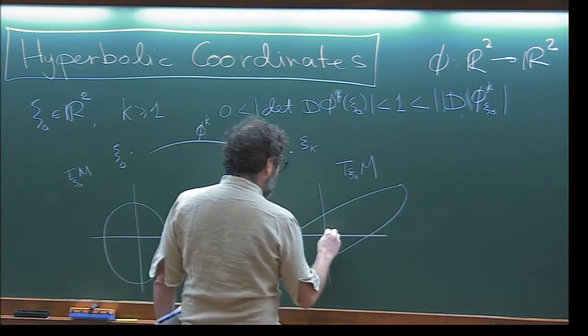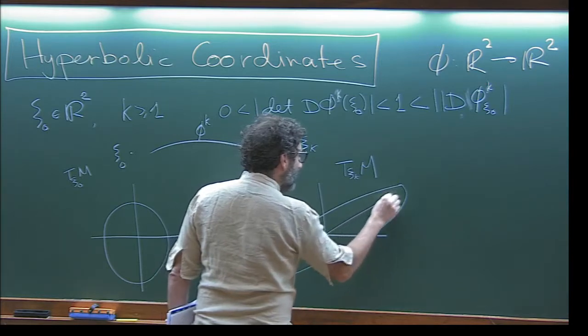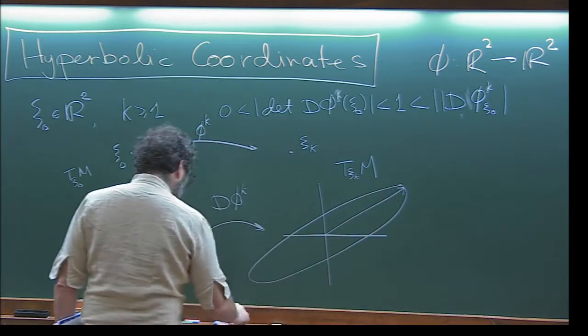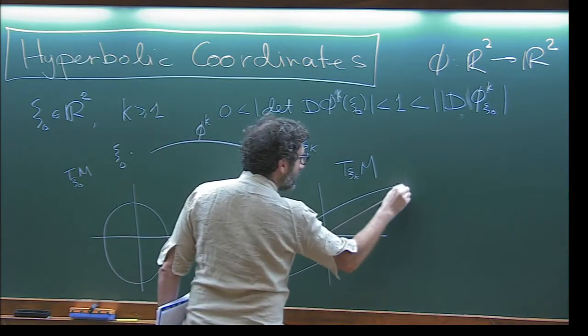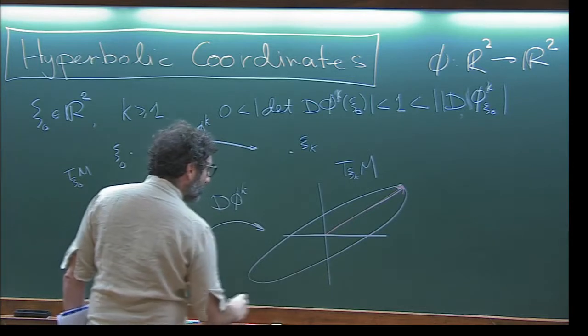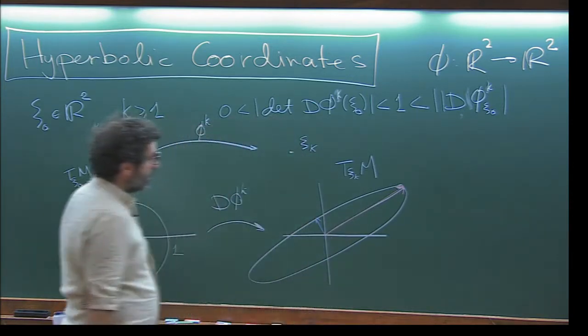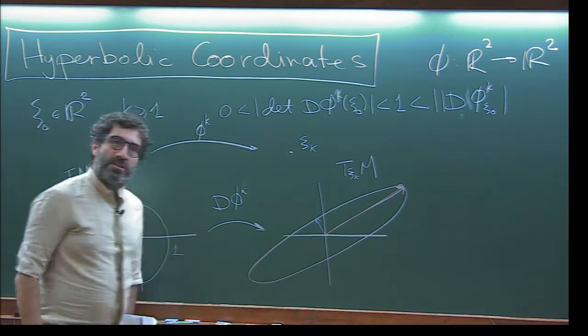And we will point out the following. So here we have the axes. If you have an ellipse, you have the major axis and the minor axis, and these are orthogonal, obviously.